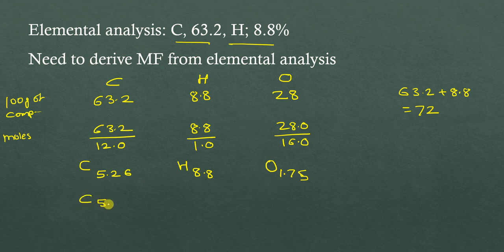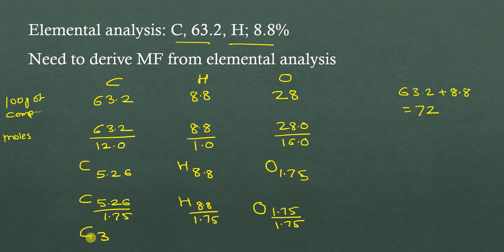C is 5.26 divided by 1.75, H is 8.8 divided by 1.75, and in the case of oxygen, 1.75 divided by 1.75. 5.26 divided by 1.75 comes to around 3.0. So carbon is 3.